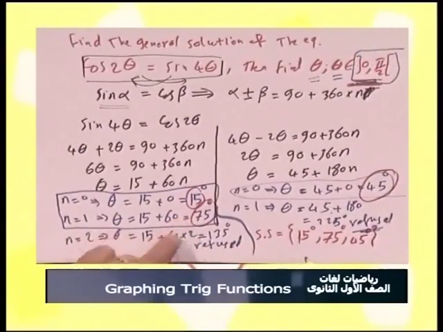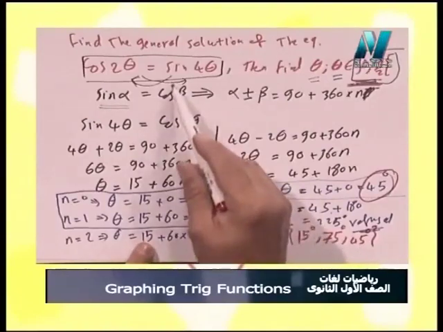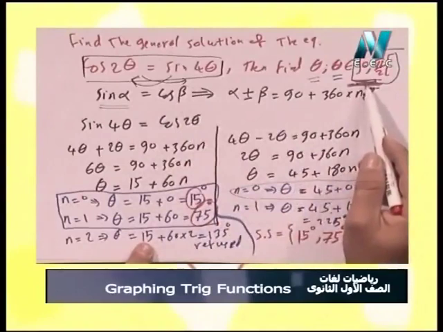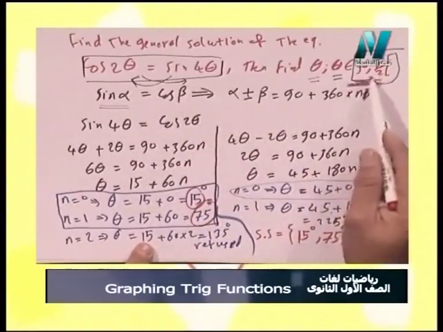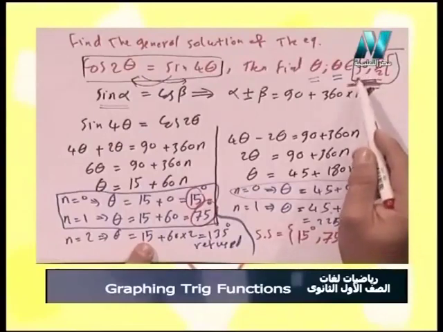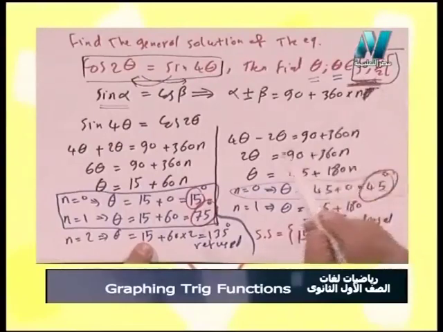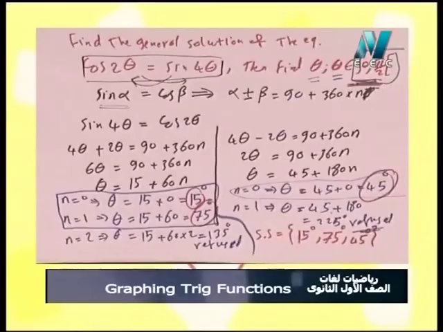And these are the values of the angles, 15, 75, 45, for this equation and for this condition, where theta belongs to the open interval 0 to pi over 2, or the angle is between 0 and 90 degrees.